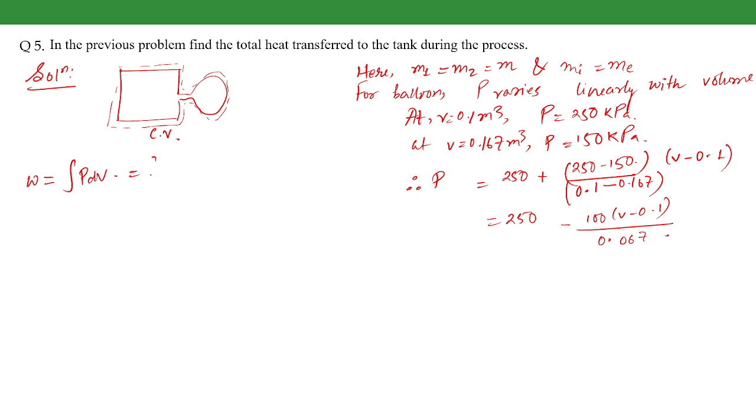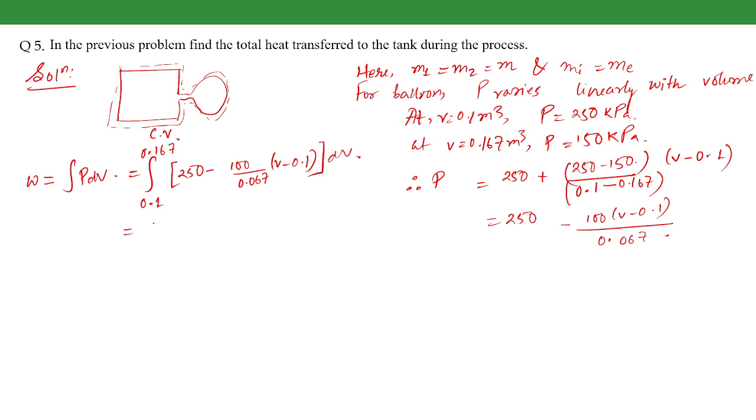This is from 0.1 to 0.167. The volume of the control volume increases from 0.1 to 0.167, and the pressure is related to volume as 100 by 0.067 times V minus 0.1 dV.